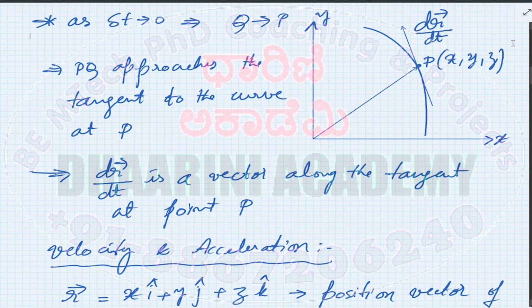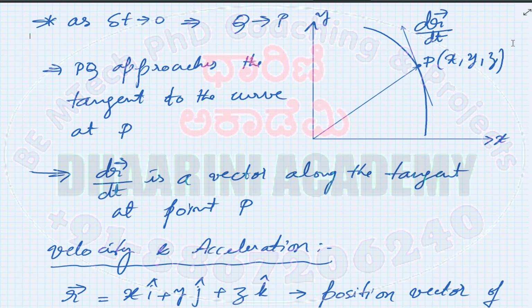Using this concept, when delta t tends to 0, we can understand that the vector dr by dt is going to touch the given curve only at one point, at the particular point P. So dr by dt will represent a vector along the tangent.